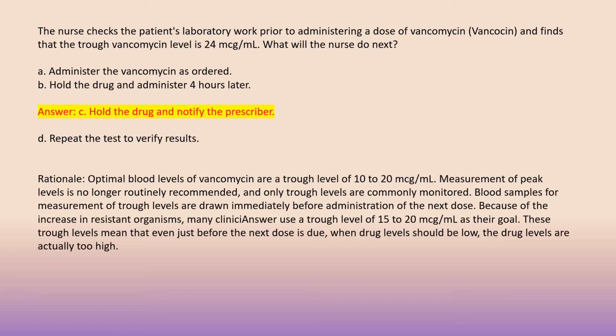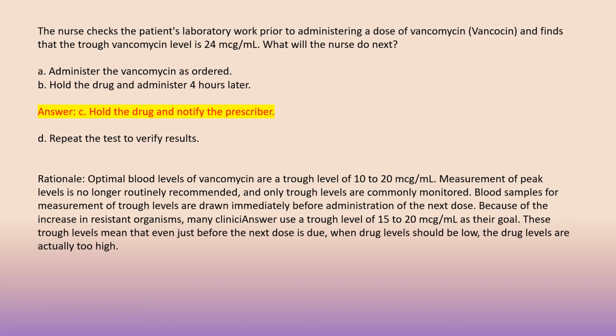Answer: C. Hold the drug and notify the prescriber. Rationale: Optimal blood levels of vancomycin are a trough level of 10 to 20 mcg per milliliter. Measurement of peak levels is no longer routinely recommended, and only trough levels are commonly monitored.